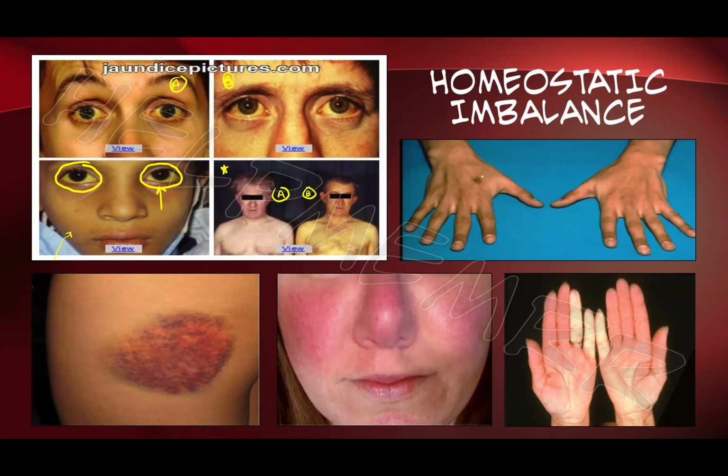With something like bronzing, you're creating these darker areas throughout the, well, it's random places. It's not going to be specifically one area. Erythema is the reddening.